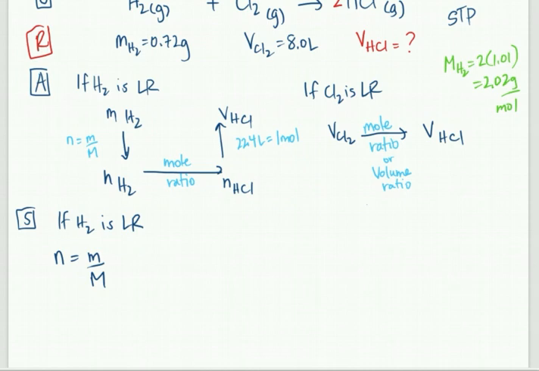So we're going to take our mass of 0.72 grams, calculate that out, and then we get our amount.